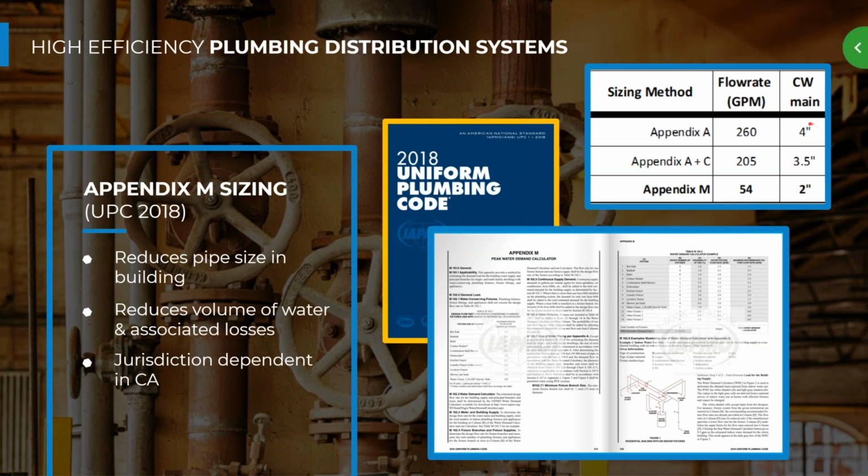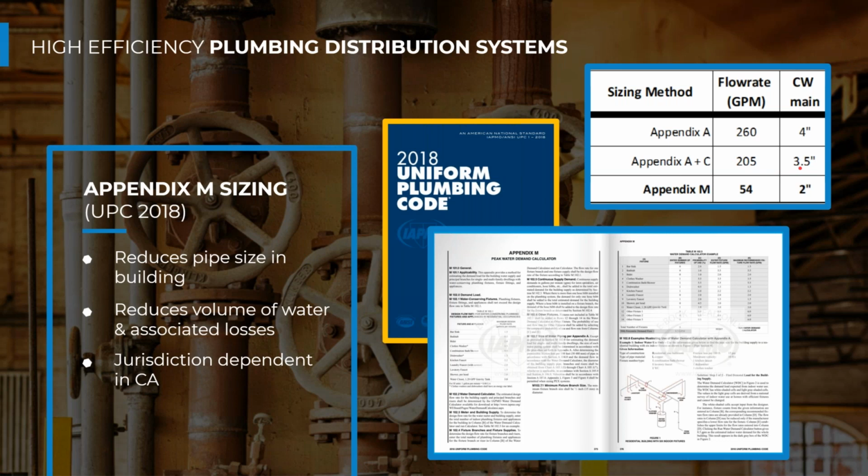4-inch pipe is fairly expensive. Appendix A plus C takes in the bathroom groups and various usages, and that's going to reduce the peak flow rate from 260 to 205 gallons per minute, which still requires a 3.5-inch main.